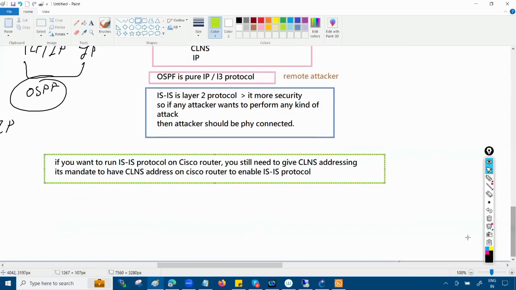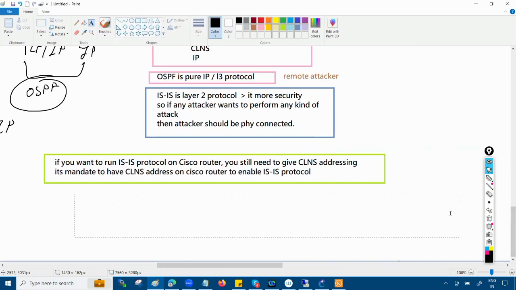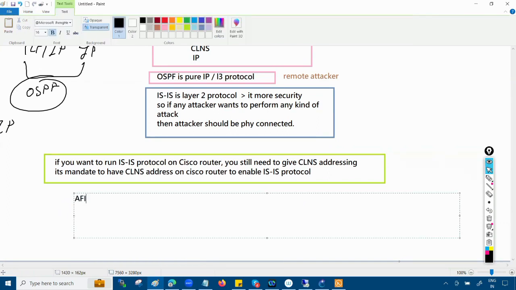Now, how can we give the CLNS addressing? Normally people give different names for the parts of the CLNS address, and we'll talk about those names as well. The first part of the CLNS address is called the AFI, Authority Format Identifier.